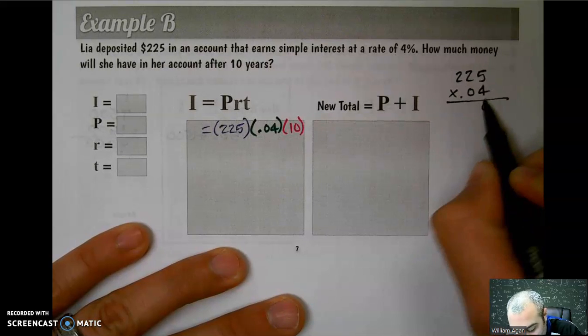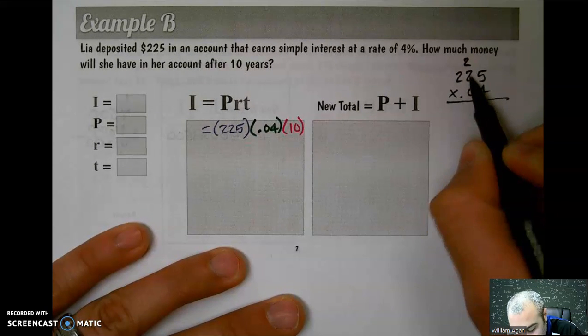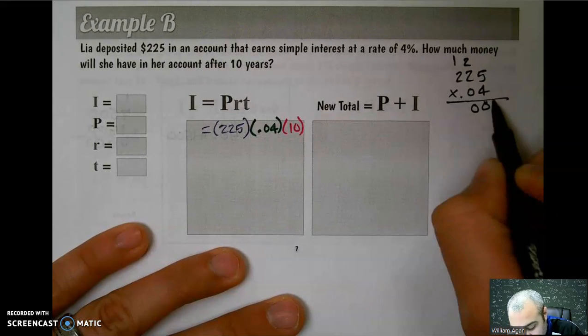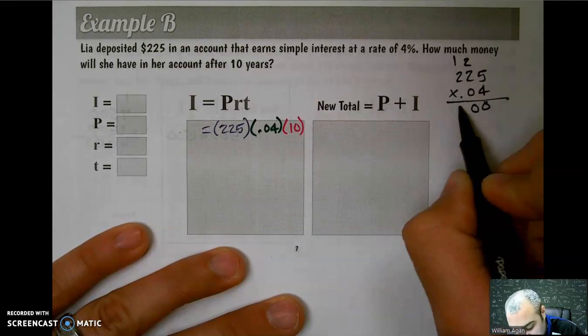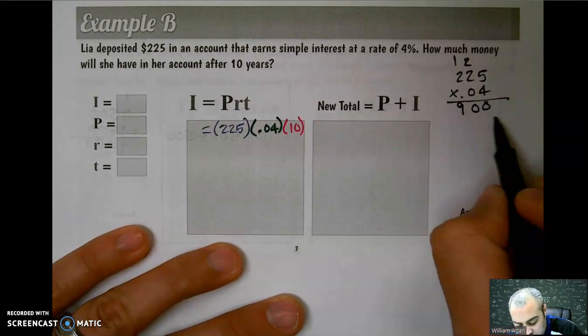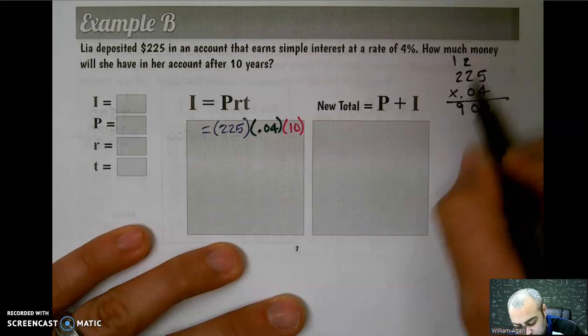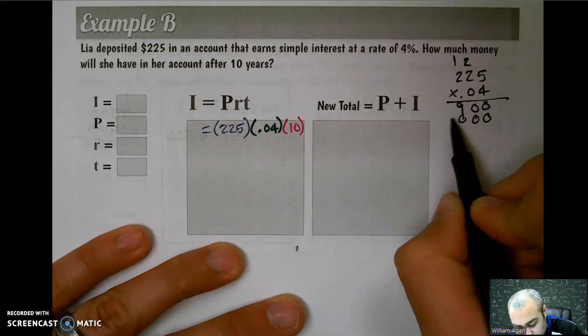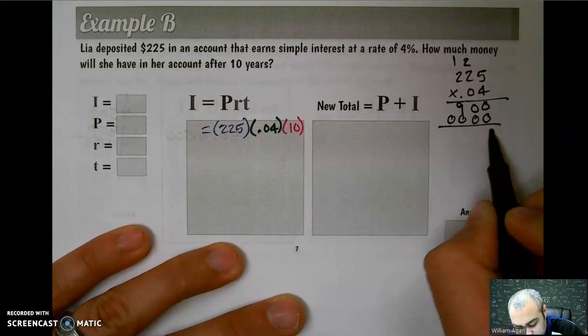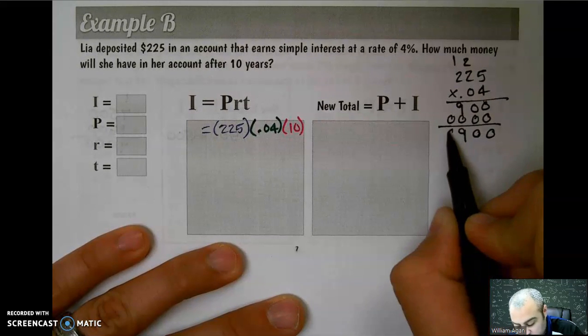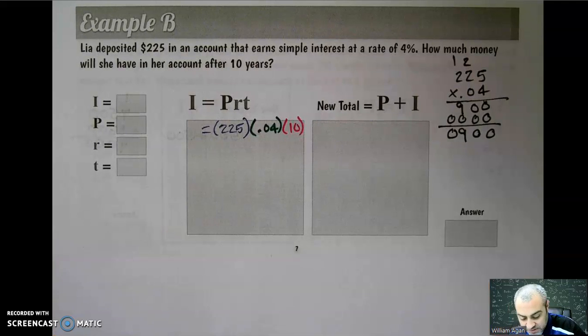4 times 5 is 20. 4 times 2 is 8 plus 2 is 10. 4 times 2 is 8 plus 1 is 9. Okay. If there's another number here, I would put a 0 here and go on to the next number. Now, it's 0, so it's just going to be a row of zeros. But now, I need to look at my decimal.